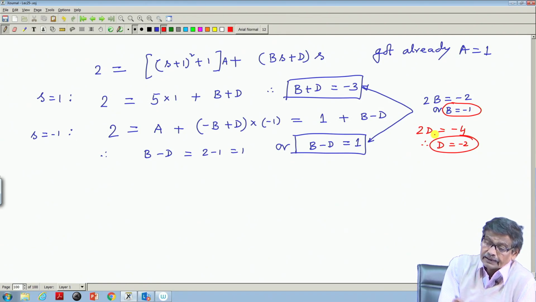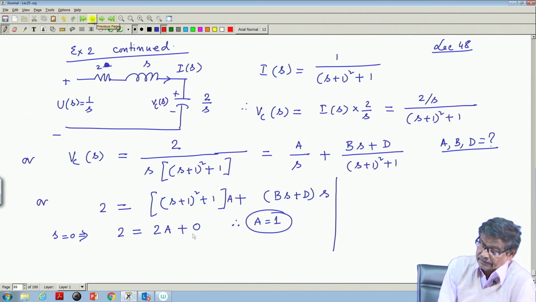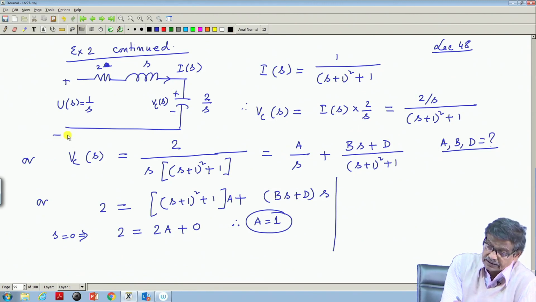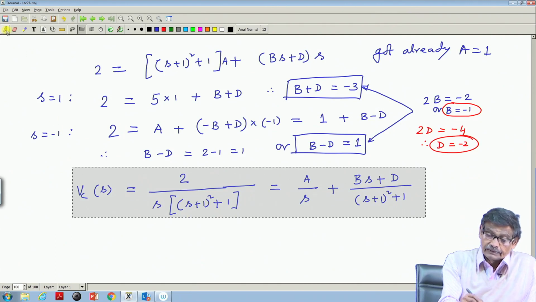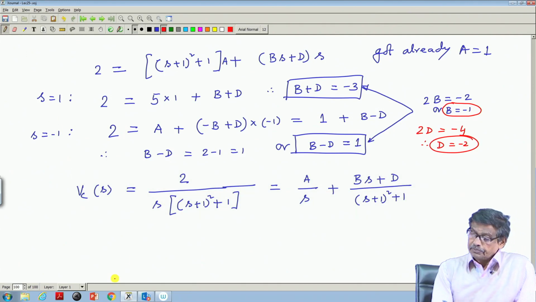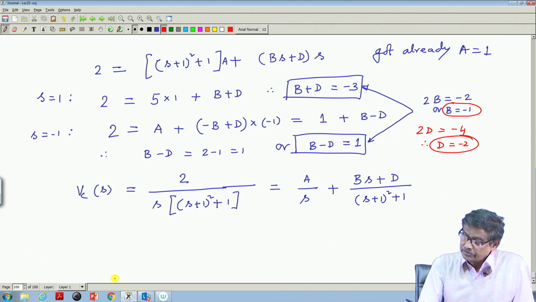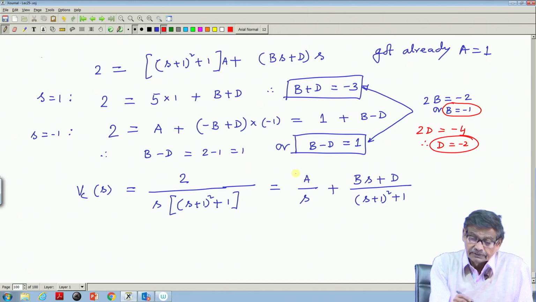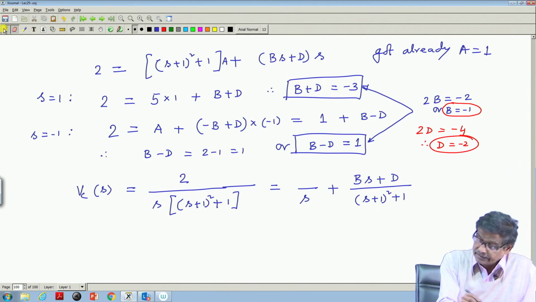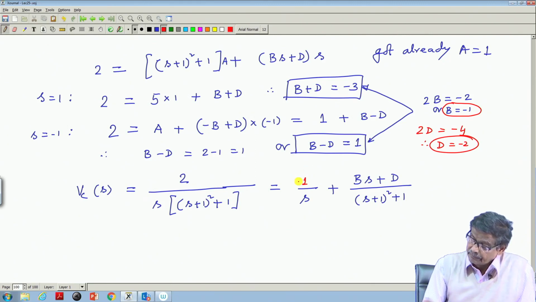Then I will say that VCS is this one, recall. So, this I will copy, it is now necessary. Got the point. So, VCS, now I have got the values of A, B and D. So, I will put it here. Value of A was obtained to be 1, so I write that A is equal to 1.